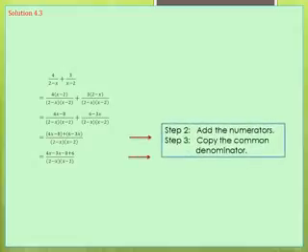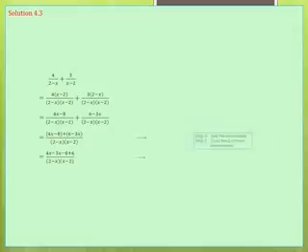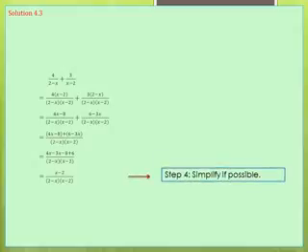We combine like terms because in step 2, we add the numerators, and in step 3, we copy the common denominator. And so it becomes 4x minus 3x is equal to x, and negative 8 plus 6 is equal to negative 2. So, x minus 2 all over 2 minus x times x minus 2.